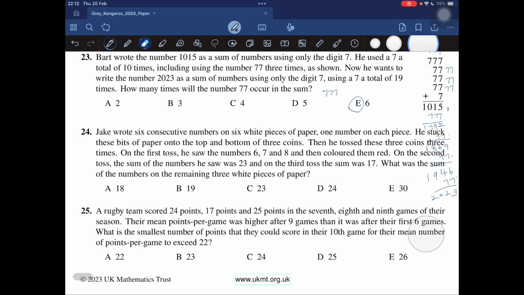And Jake wrote 6 consecutive numbers on 6 white pieces of paper. Top and bottom of 3 coins. 3 times. 6, 7, 8. Color them red.